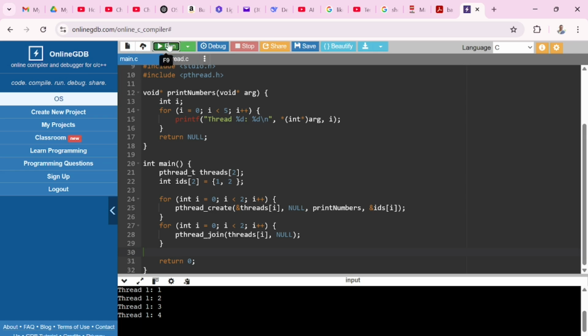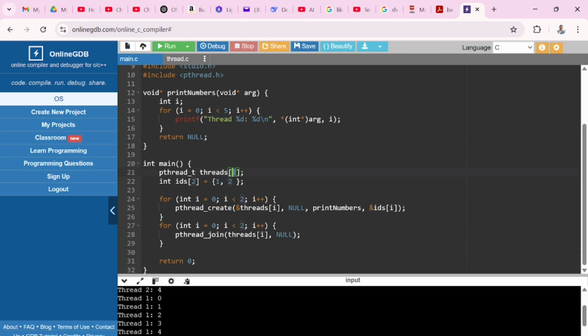If I run this again, in this case thread 1 comes first, then 0 1 2 3 4 is printed, then thread 2 starts its work 0 1 2 3 4. If I run it another time, then again it happens the other way.